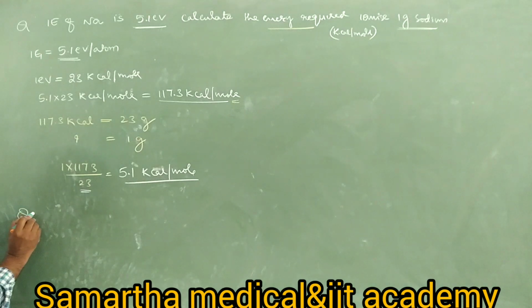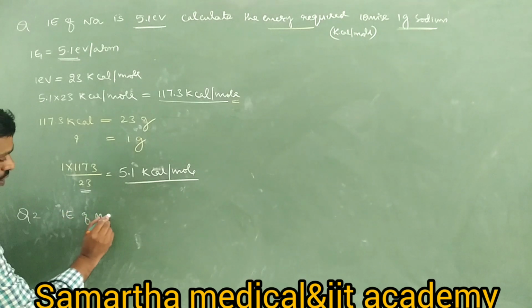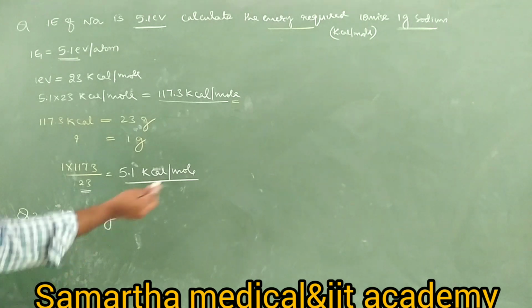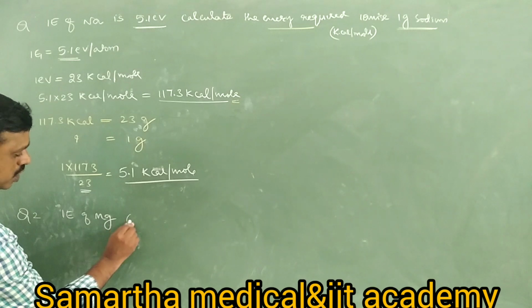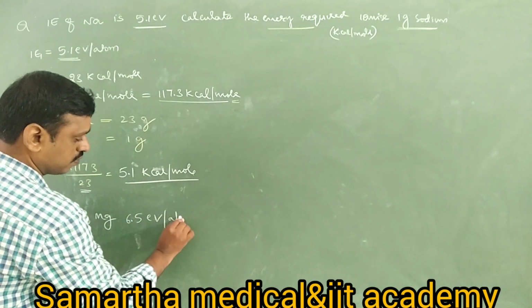Write one more question. The ionization enthalpy of magnesium is 6.5 electron volt per atom.